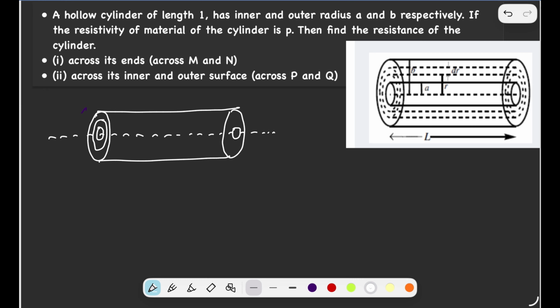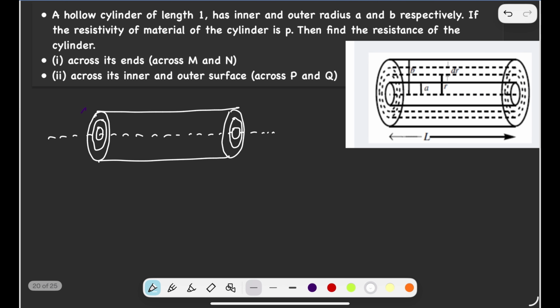Innermost and outer one, for example, this is M and this one is N. Its length L is given. This is the length. So first, what is the resistance between M and N?